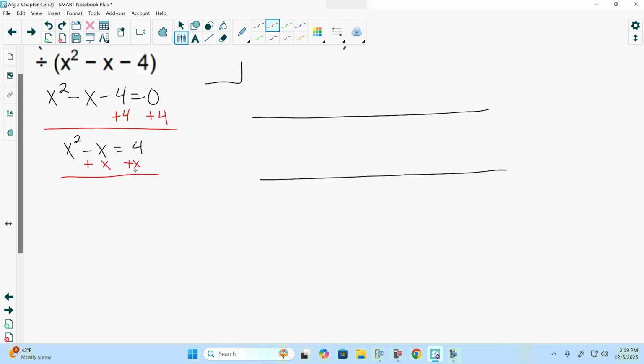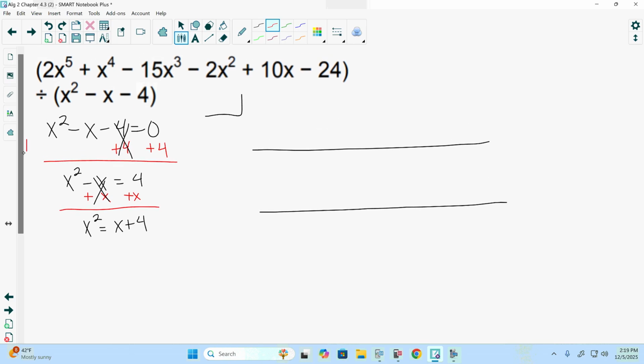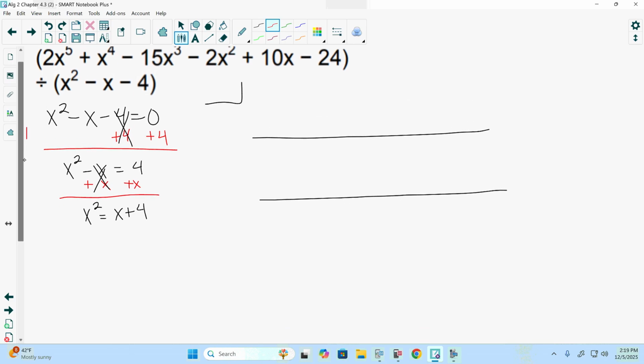But we'll also need to add x, minus x squared is equal to x plus 4. So we have to get the variable with the biggest exponent by itself. So we need to get x squared by itself.